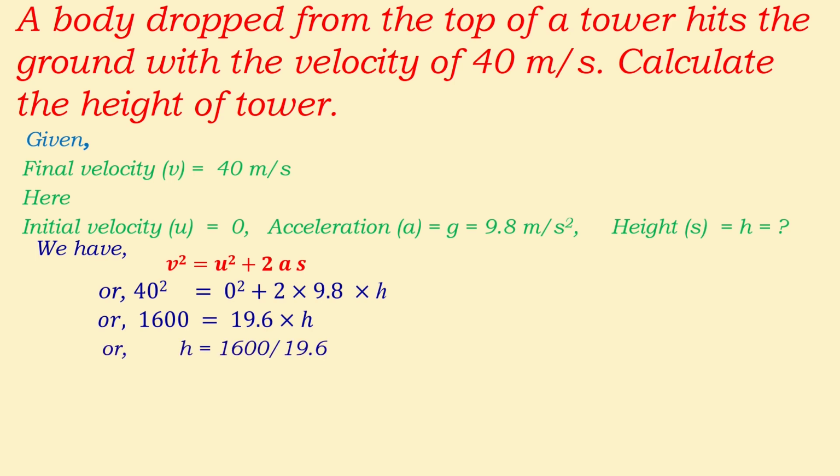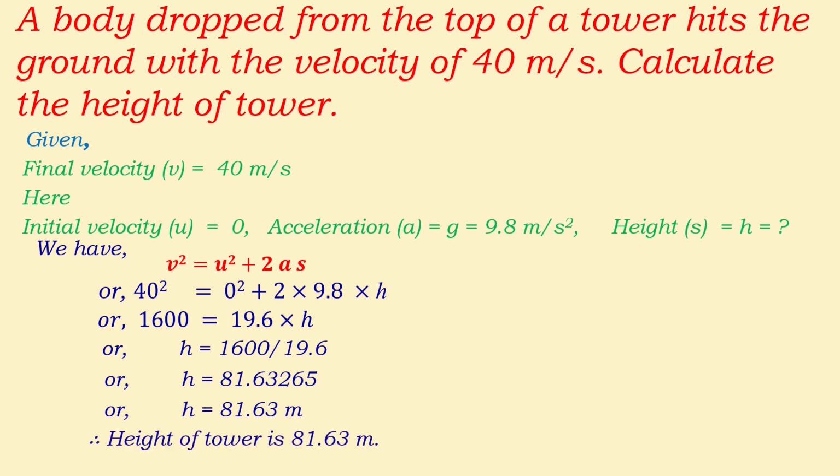Now h is equal to 1600 divided by 19.6, and the final result is 81.63265. After the decimal point, there are many digits, but we are taking just 2 digits, and the third digit is less than 5. That's why we are going to ignore all others except 81.63. That's why the height of the tower is 81.63 meter. We can conclude this.